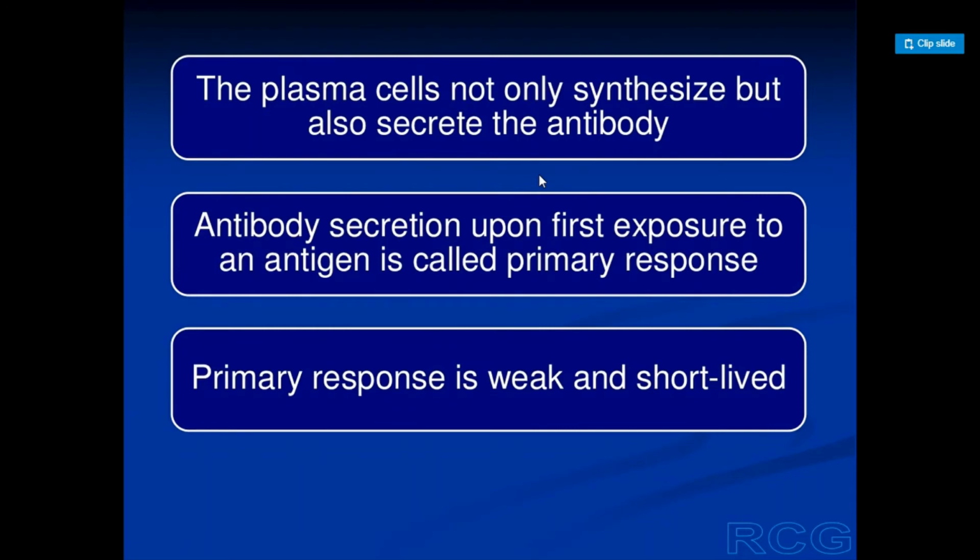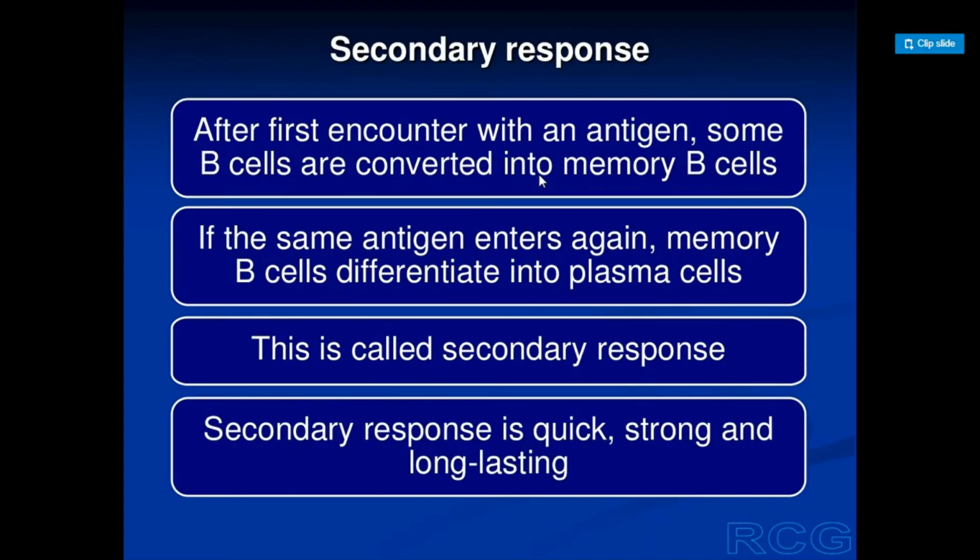This antibody secretion upon first exposure to the antigen is called the primary response, and this response is weaker and short-lived. Whereas the secondary response takes place after the encounter of the first response.